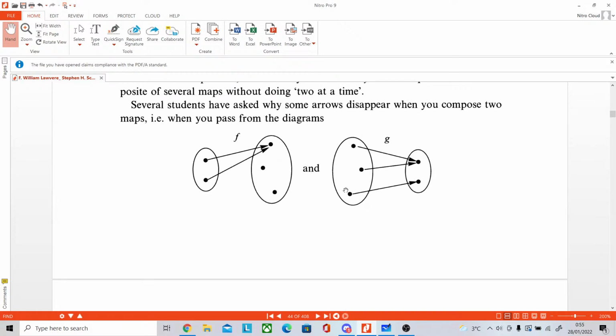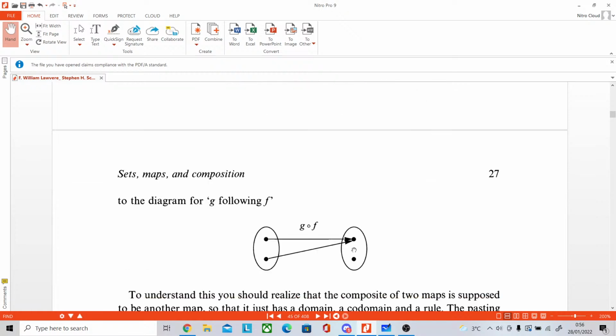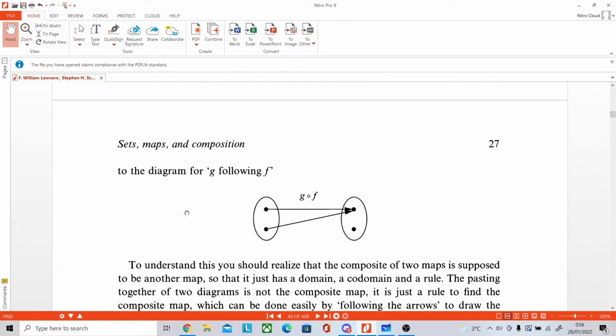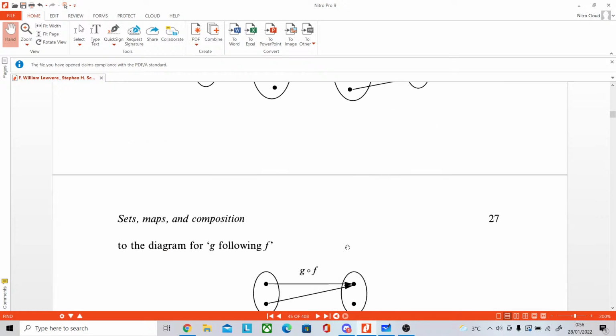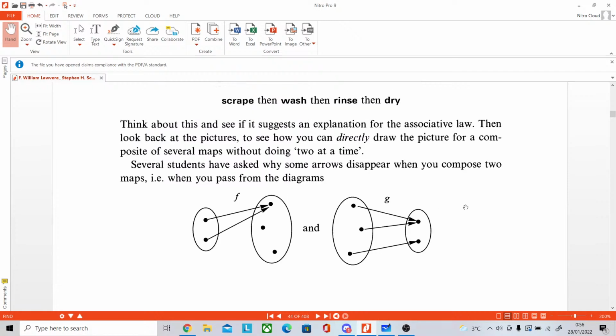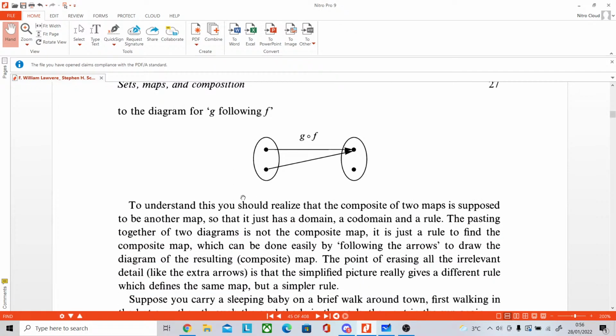And then you lose a bunch of information, in particular this arrow and this arrow have nothing to do with what the composition is over here. So from here you can construct the composition, but from the composition you cannot deconstruct this into this because the composition over here does not have the information of this guy and this guy. So some information is lost there.